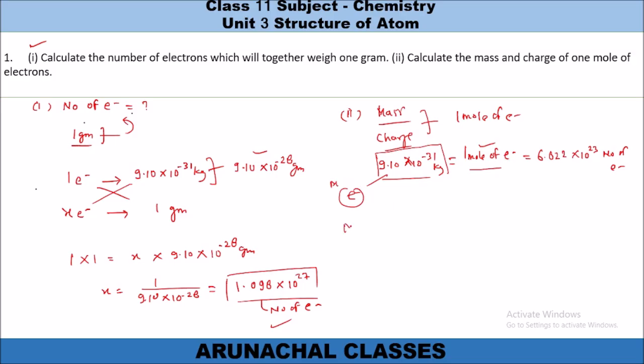And when I talk about charge of electron, the charge of electron is 1.6 into 10 power minus 19 coulomb. This one is a charge of electron, but we have to find that if it is 1 mole of electron, what will be the mass, and if it is 1 mole of electron, what will be the charge.